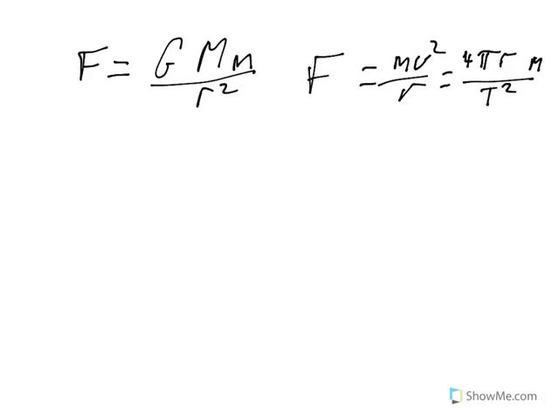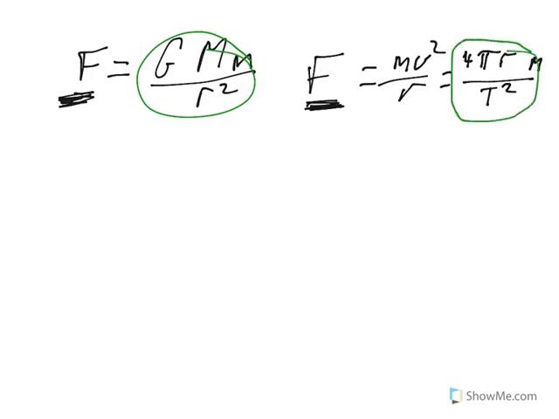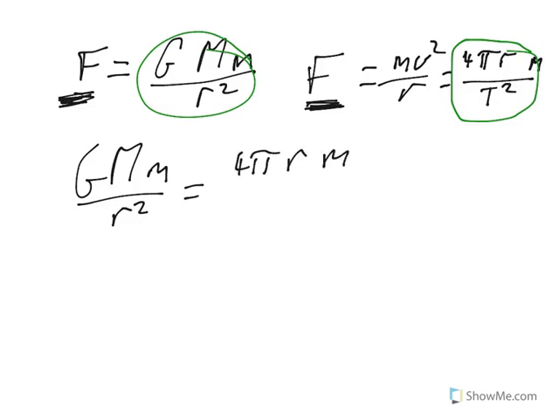So this is our circular motion stuff, and this is our universal gravitational force. And because these satellites, remember satellites, it's the gravitational force that makes them go around. So if I take this bit and this one on the end here, and I equate them, I get big G, big M, little m on r squared is equal to 4 pi squared r little m on t squared.